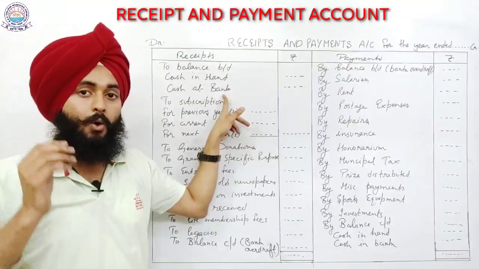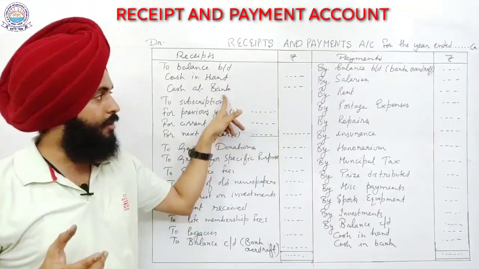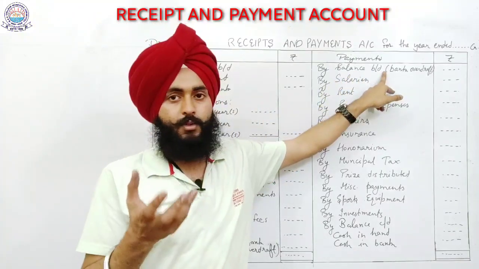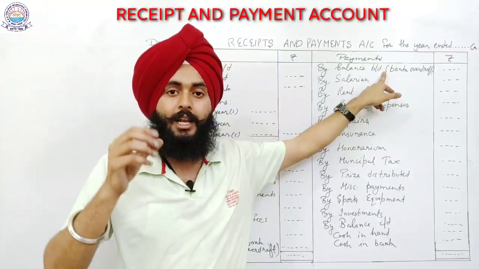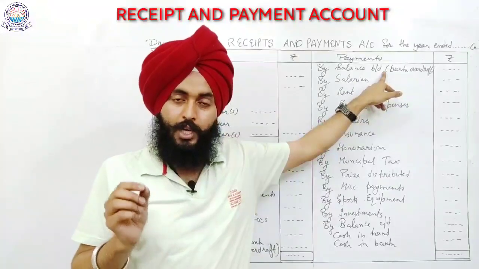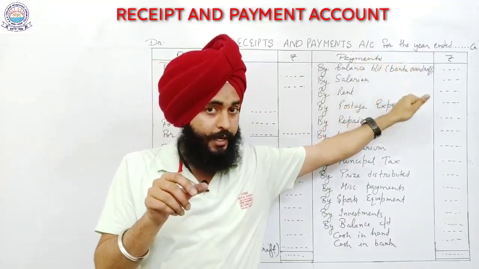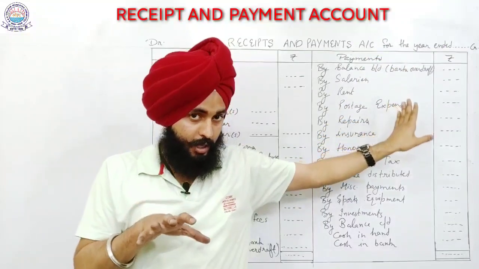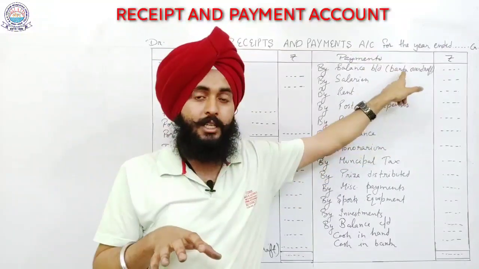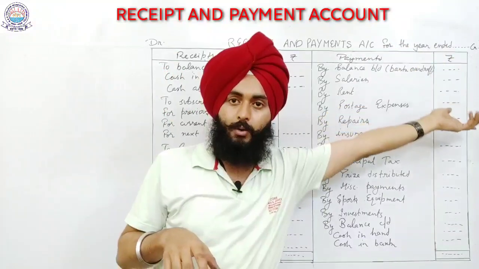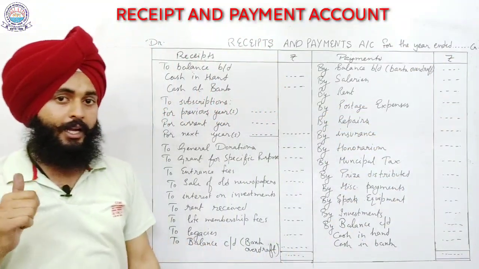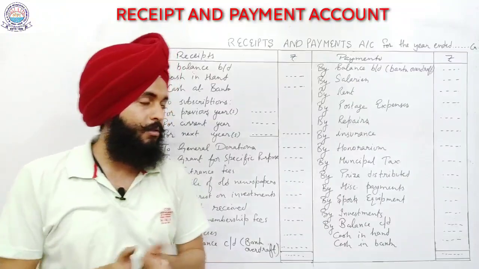If there is an overdraft in the cash at bank, the overdraft is a liability for us. We have to pay that money, so it will be shown on the credit side, as by balance B/D, bank overdraft, whatever the amount is. Cash in hand cannot be an overdraft.